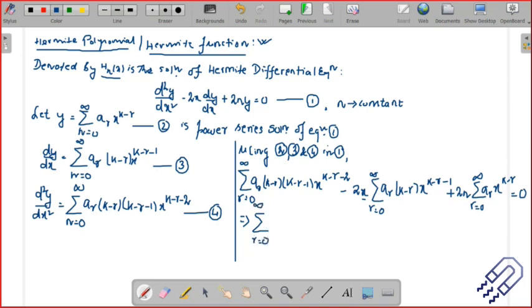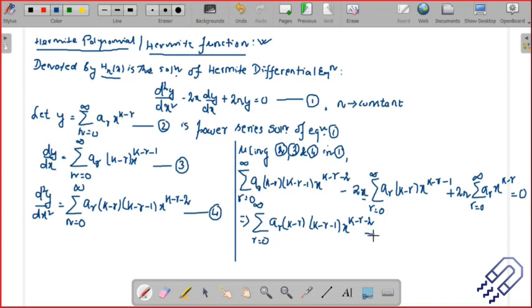Summation r equals 0 to infinity, and we have got this term. There is no addition to it, so we can simply write it as a_r (k minus r), and this is (k minus r minus 1), and this is x to the power k minus r minus 2. So there is no change in this.